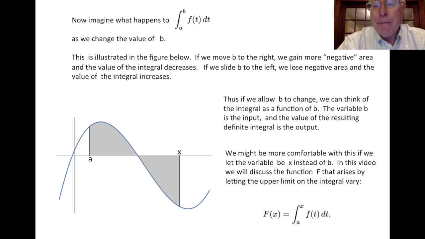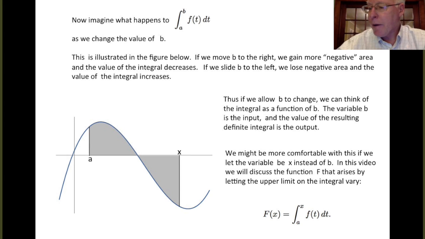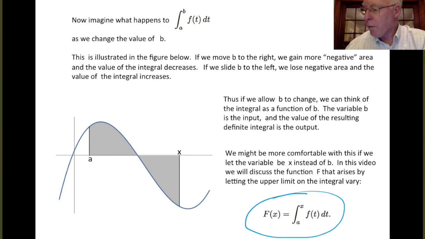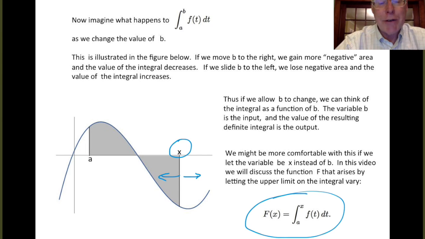A function that arises by letting this upper limit vary might be expressed this way: capital F of x is defined to be the integral from a to x of f of t dt. Here we've replaced b by x, and we're imagining we can let this x change. As x changes, we're going to either gain or lose area, gain or lose distance, whatever the interpretation is in this case.